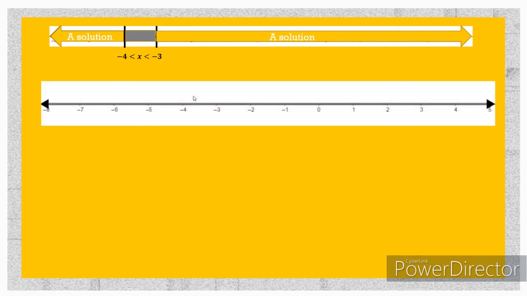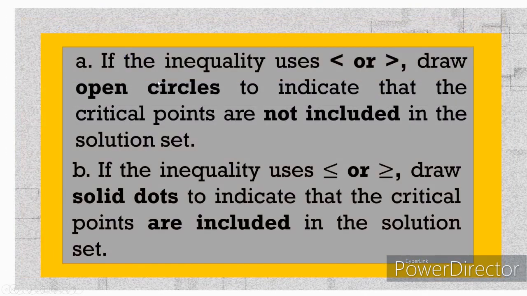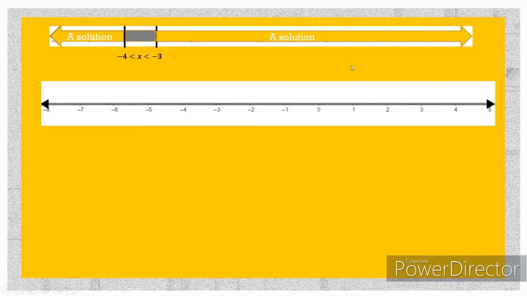So, mag-graph ulit tayo. If the inequality, katulad ng sinabi kanina, uses less than or greater than, draw open circles to indicate that the critical points are not included in the solution set. So, since ito yung ginamit natin, we have this equation. So, ang ginamit natin ay greater than. So, ang gagamitin natin ay open circle.